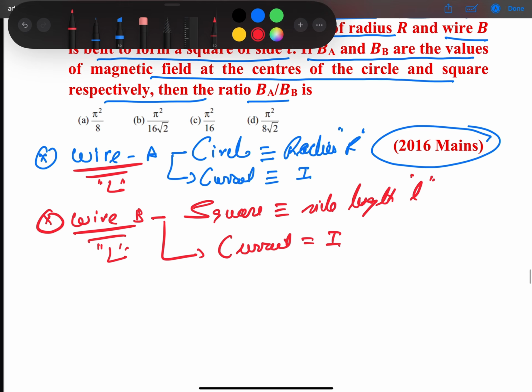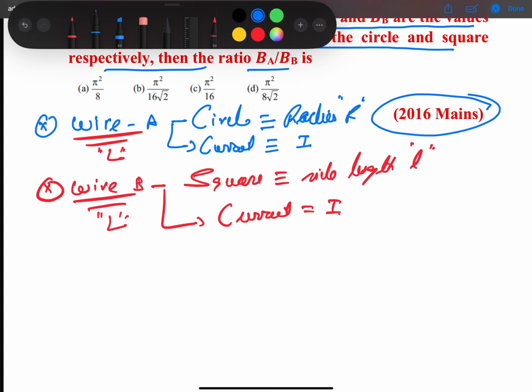Therefore, for wire A, we get a circle. So for the circle, our length L will be equal to the circumference, that is 2 pi r, and this gives us that the radius of the circle will be equal to L upon 2 pi.